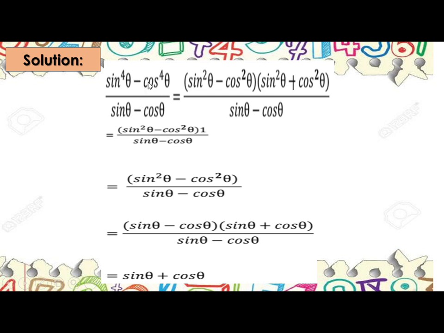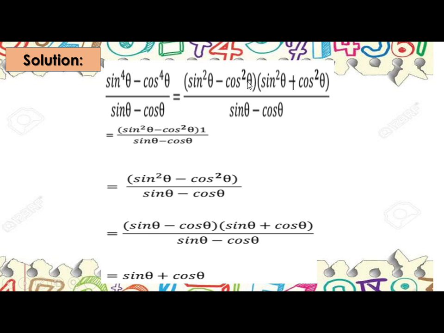So we all know that if we multiply sine squared theta minus cosine squared theta, this is something like the sum and difference of binomials. As you can see here, sine raised to 4 theta will serve as your first term, and this will be the second term. For the rule, if you still remember the sum and difference, this is equivalent to sine raised to 2 theta, since we have here 4, so we need to divide that.